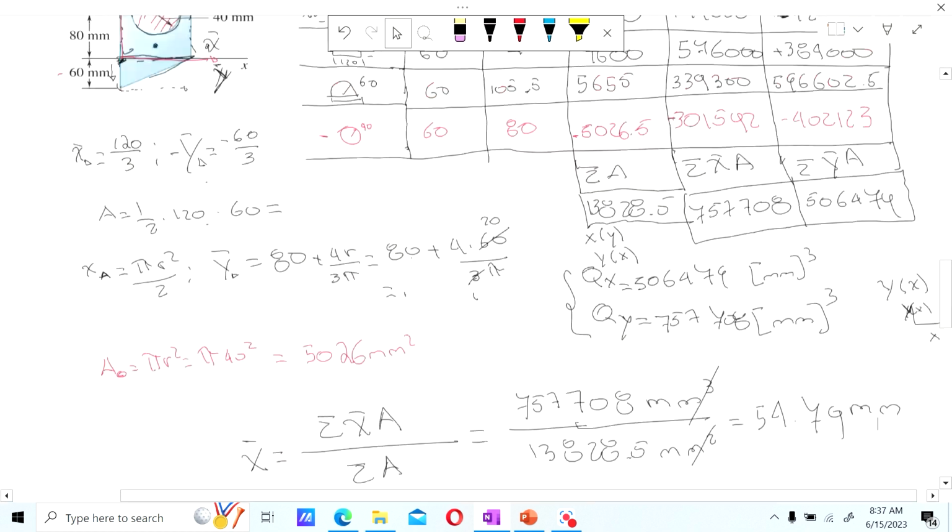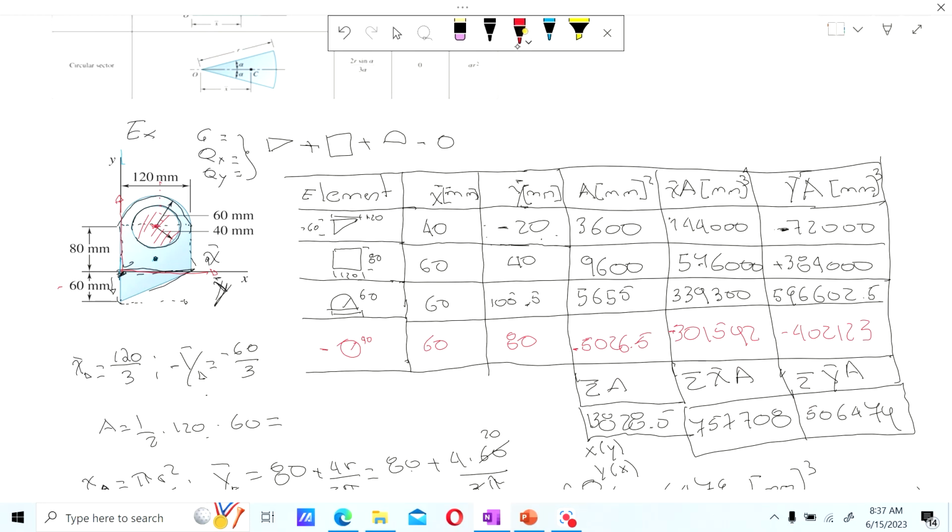Okay, so in x, our distance is at 57.8. That's interesting because just this part right here, the rectangular shape plus the semicircle, would be at 60. So by adding this triangular shape, it shifted the centroid to the left just by 2.2 millimeters, right? Shifted from 60 to 57.8. I would have thought it was much more, but that's interesting.